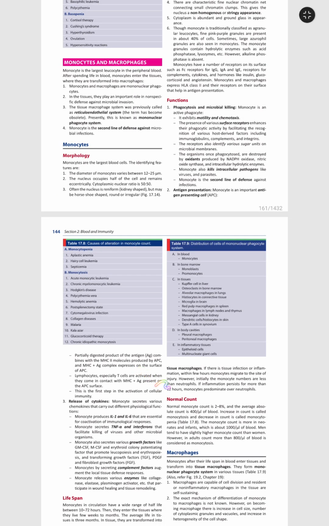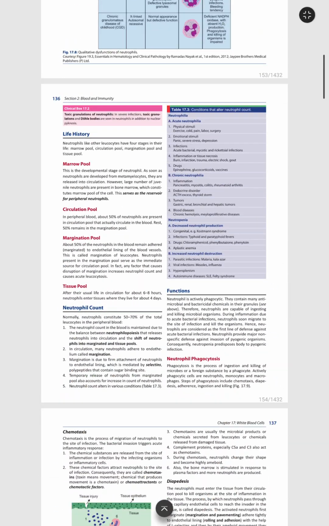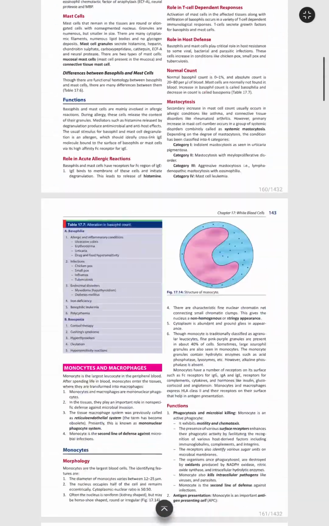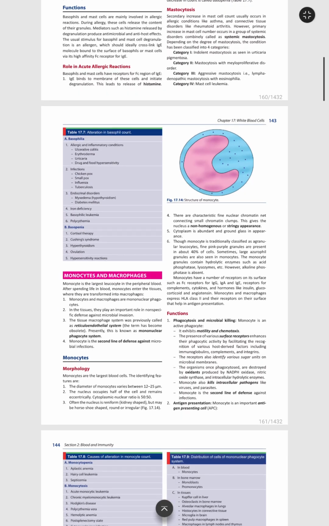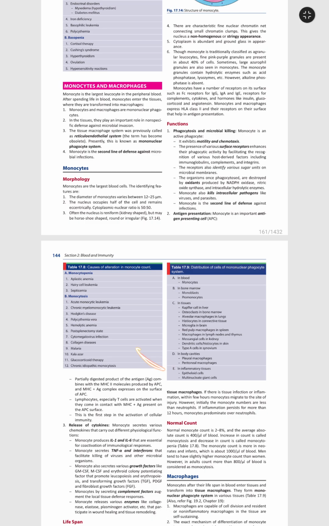We studied that in Cushing syndrome, eosinopenia and basopenia occur, and in malaria and kala azar, monocyte increase and neutrophil decreases.